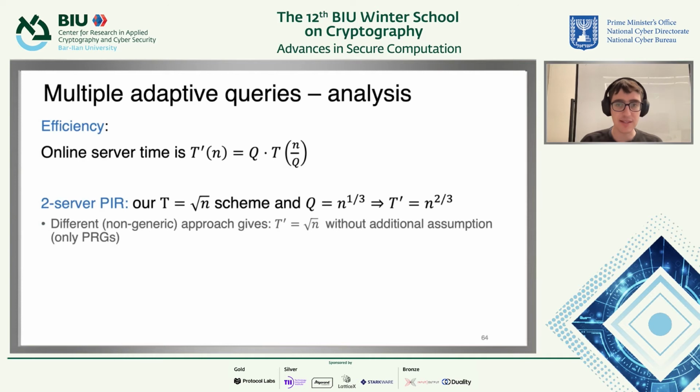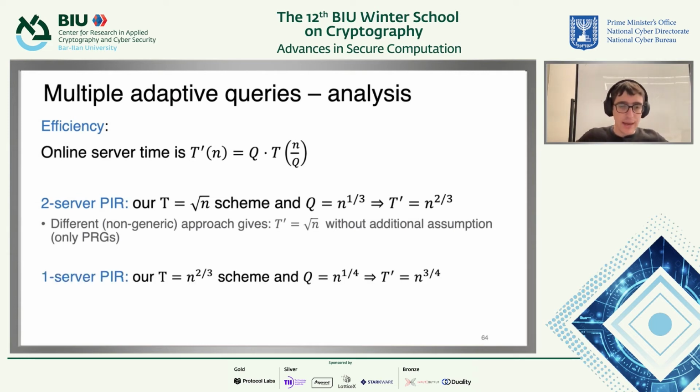And as I mentioned, this is using the black box approach. If you do a different, non-generic approach, we can get square root of n without any additional assumptions, just using PRGs. And if we look at the single server case, you remember that when we finished the description of the single server scheme, I said that if we work hard enough, we get a single query, single server scheme that has time n to the 2 over 3.